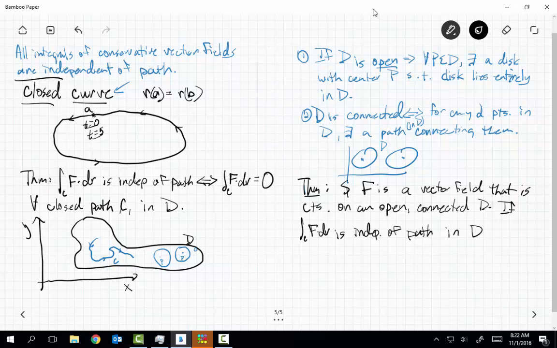Then this implies F is a conservative vector field on D. Isn't that awesome?